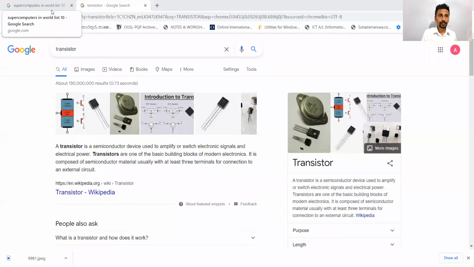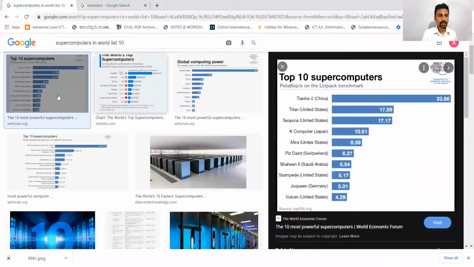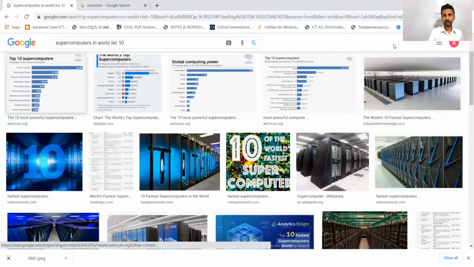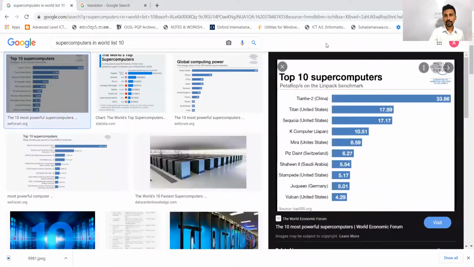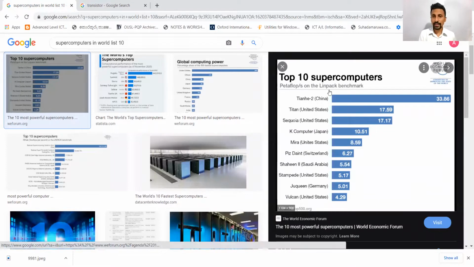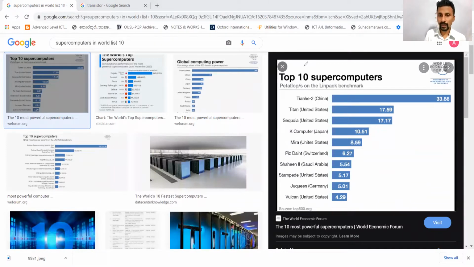I will share a small description. I think you can see this. Earlier we had this kind of thing, top 10 supercomputers, Tianhe from China, then Titan, Sequoia, K computer. These were the top 10 supercomputers.